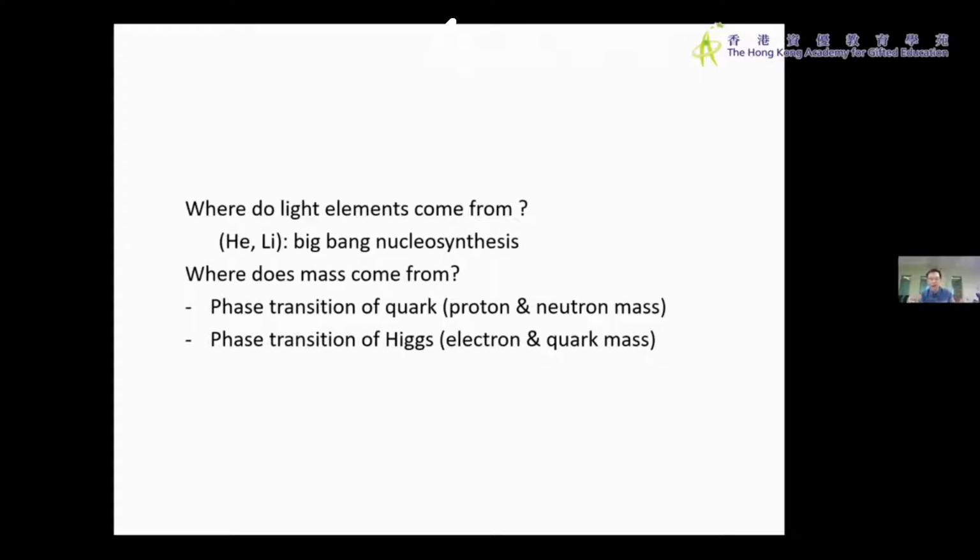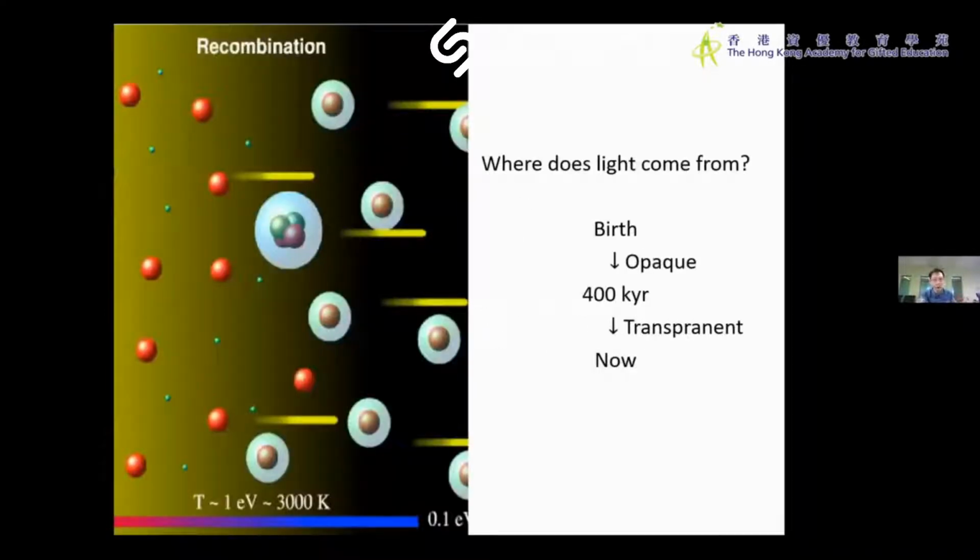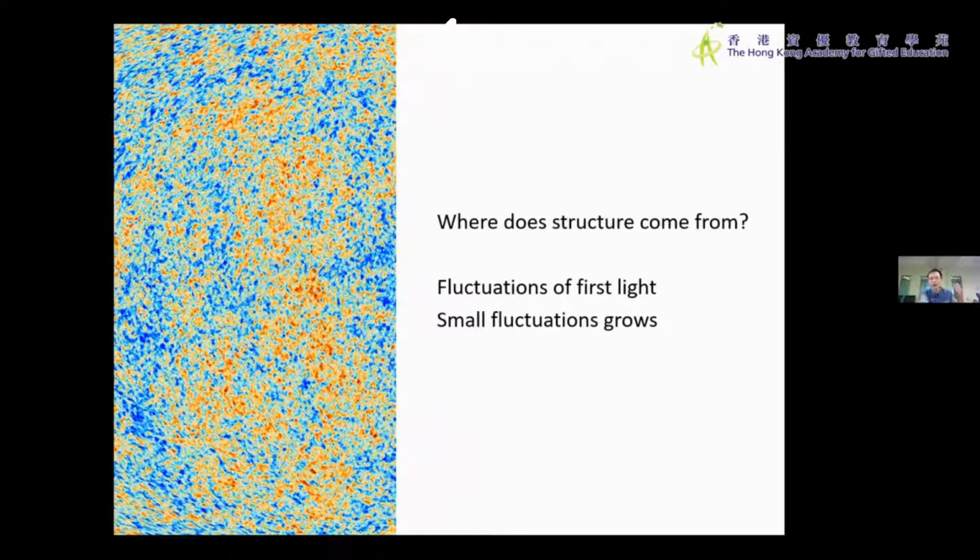That is through the Big Bang nucleosynthesis, okay? When the temperature becomes lower and lower, eventually there is the Big Bang nucleosynthesis, where the protons and neutrons combine into elements, where elements originate. And I have been talking about where mass comes from. So we can answer so many of the origin questions in our primordial universe.